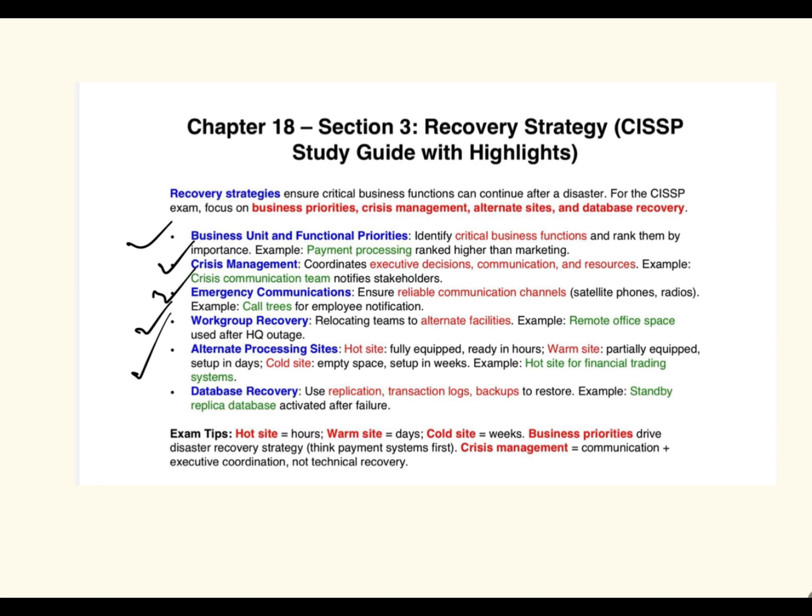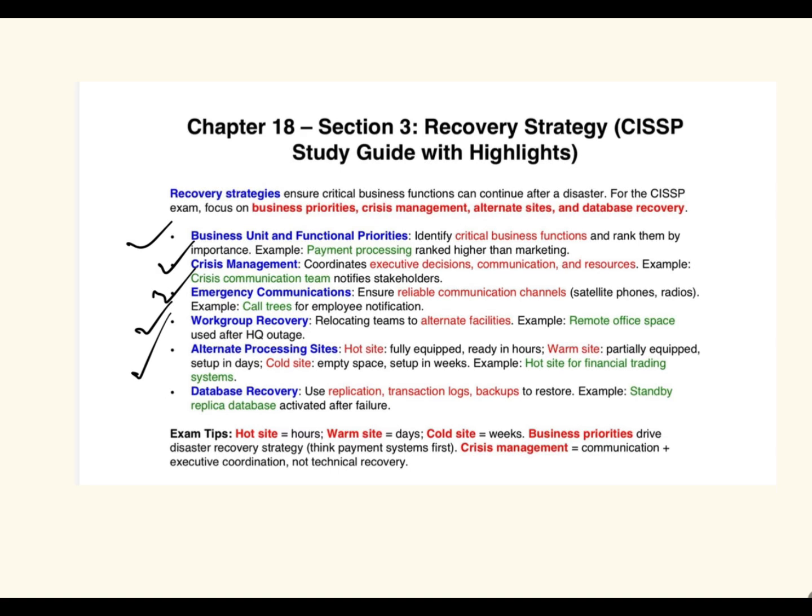Warm site: partially equipped, hardware available, software may need installation, ready within days. A data center with servers installed but needing configuration. Hot sites are used for financial trading or hospitals. That could be one example. Cold site: just empty building space, needs hardware installation, ready in weeks, cheapest option. A warehouse with power and cooling but no equipment.